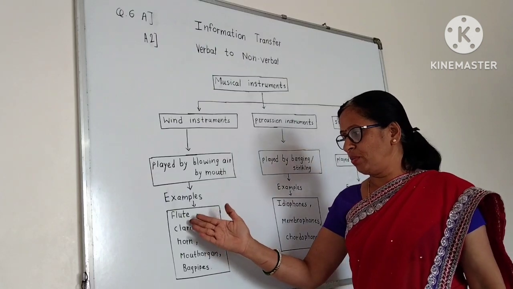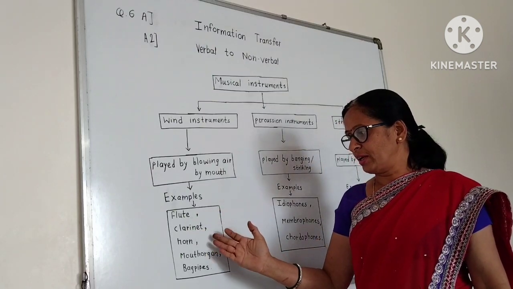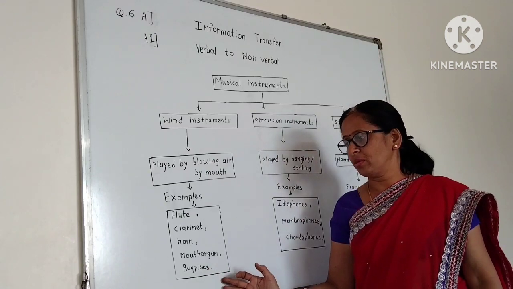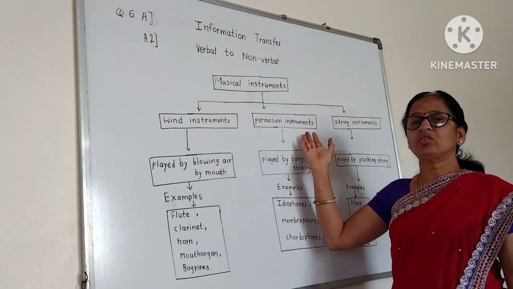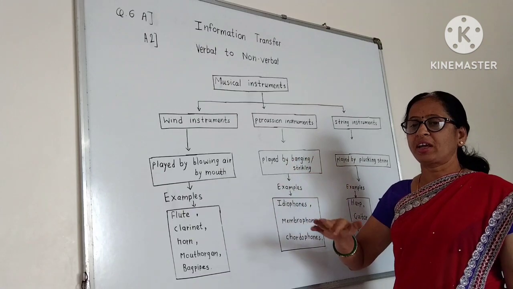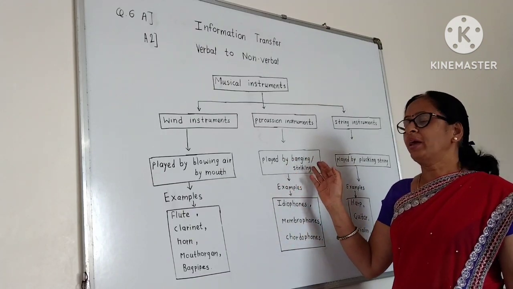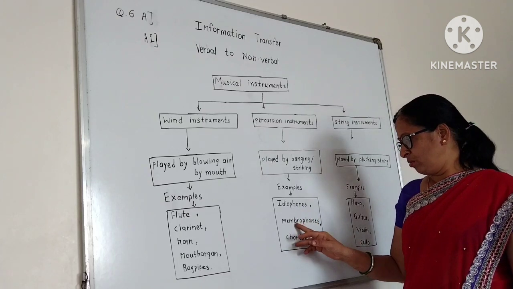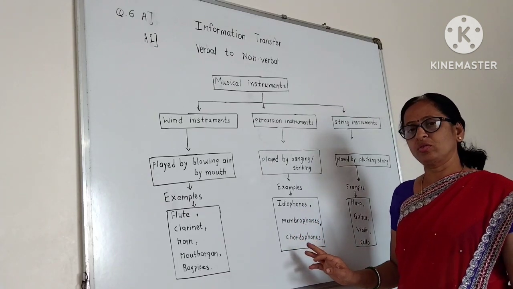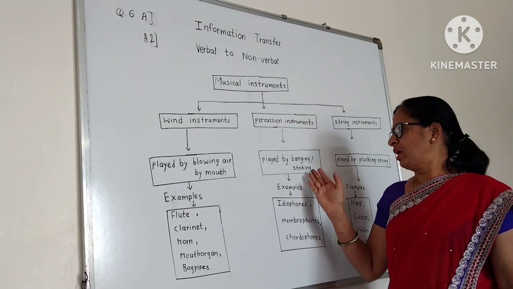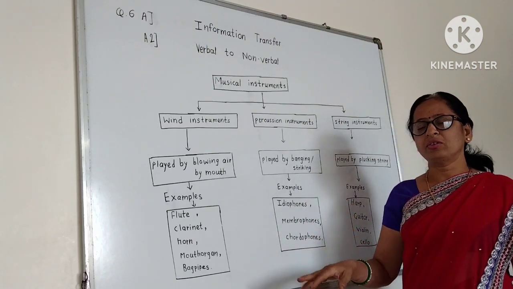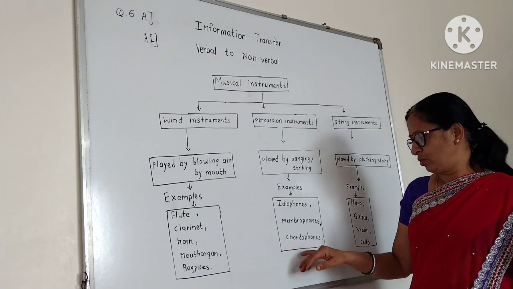These examples are flute, clarinet, horn, mouth organ and bagpipes. Next, percussion instruments are played by striking or banging on them. For example, idiophone, membranophone and chordophones. Different examples are also there: tabla, drum, but these are not mentioned in this paragraph, so we do not write them here.